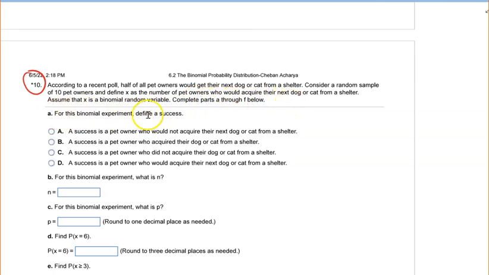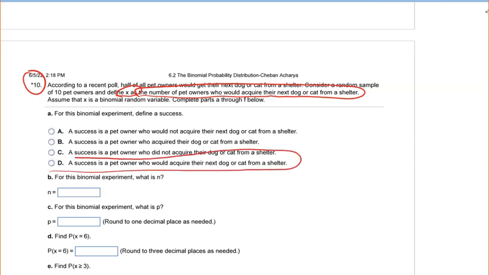For the binomial experiment, define success. Again, success is the pet owner who would acquire their next dog or cat from the shelter. Remember that X is the number of successes, the number of pet owners who acquire their dog or cat from the shelter.